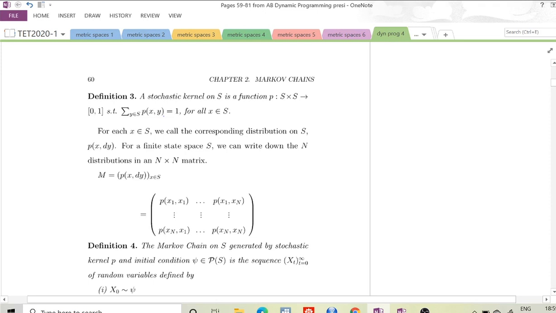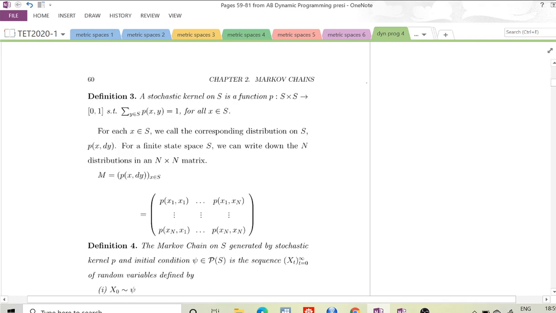So what is an easy way to describe a stochastic kernel? An easy way is using a matrix that we'll call a transition matrix or a stochastic matrix, and that will be of this form.